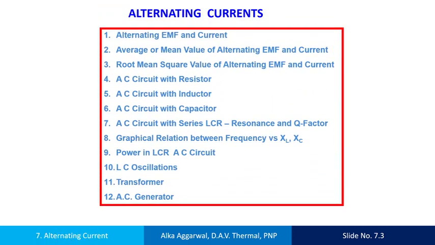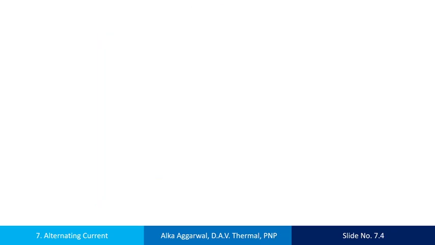That is the alternating EMF and the current, average value of the alternating EMF, RMS, effective or the virtual value of the alternating EMF and current, AC circuit with resistor, inductor and capacitor, series LCR circuit, resonance and the Q factor, the relationship between the frequency versus the inductive reactance, frequency versus capacitive reactance, power in LCR circuits, LC oscillations, transformer, and AC generator. Now we will start with alternating EMF and current.